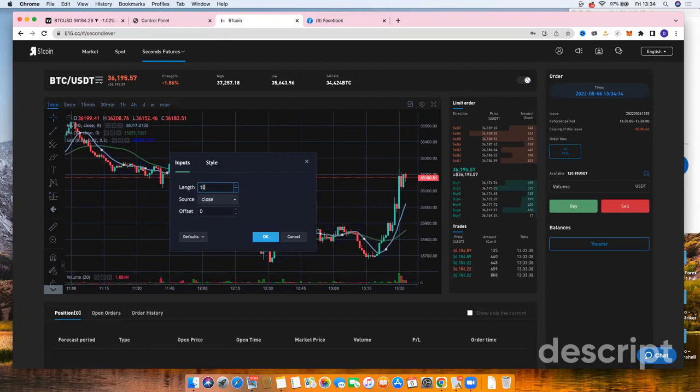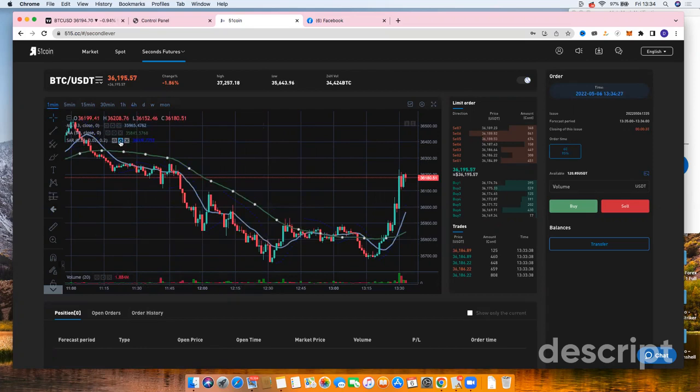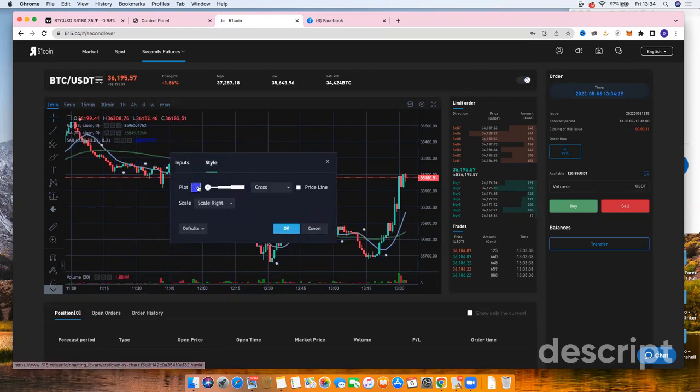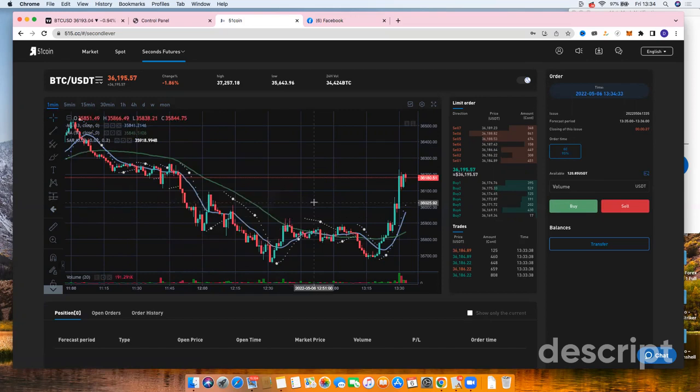I change the moving average to the 50 moving average. Change the setting of the parabolic SAR. You don't need all this though. I'm just trying to get my 51 coin platform active before the trade is being called.